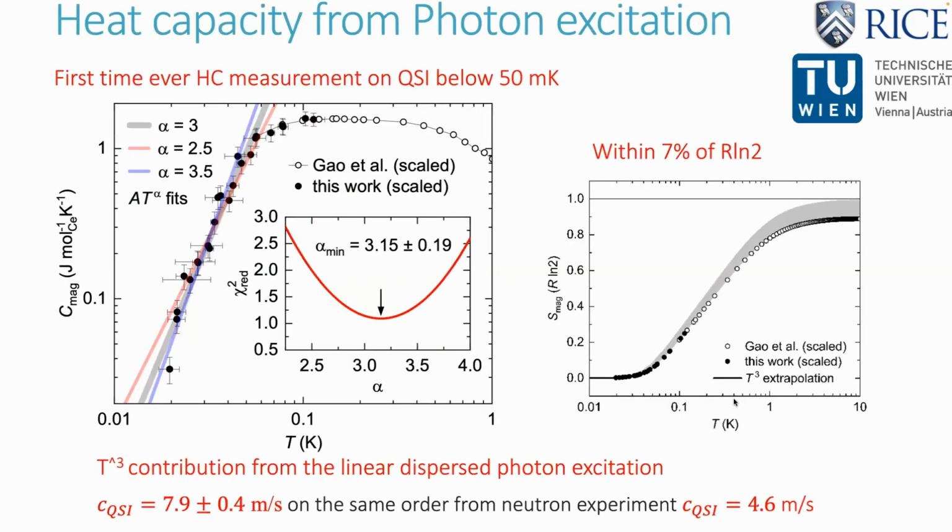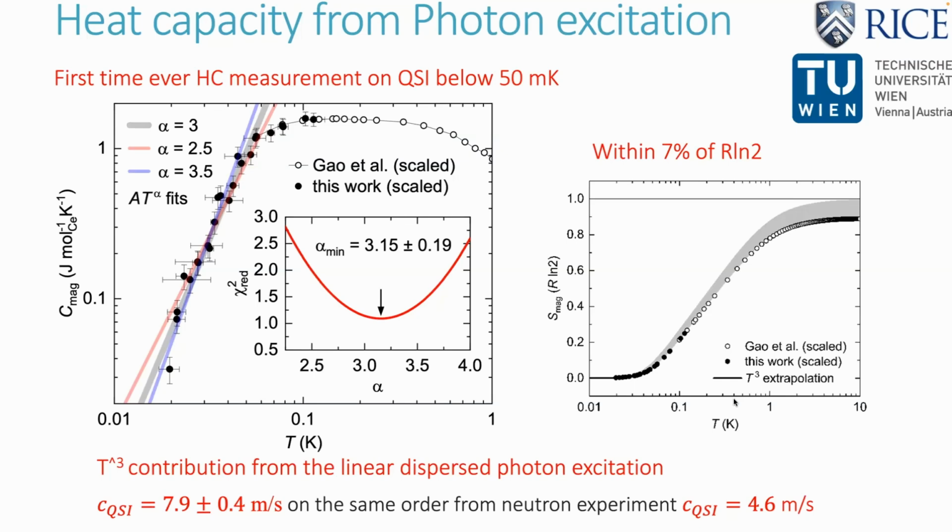And finally, the result from heat capacity. This is the first time people measured the heat capacity below 50 millikelvin for a quantum spin ice compound. You can see the previous measurement only went down to about 0.1 Kelvin, and this very narrow range between about 20 millikelvin and 100 millikelvin clearly shows a T cubed contribution to the heat capacity, which is predicted for this linearly dispersing photon excitation, right?